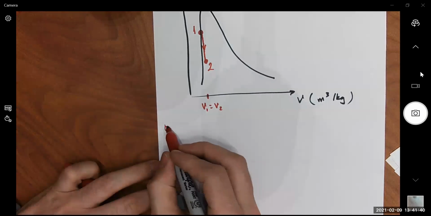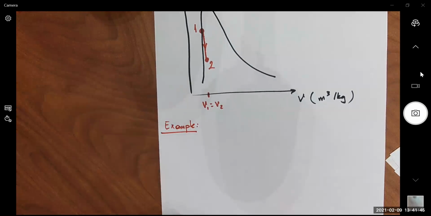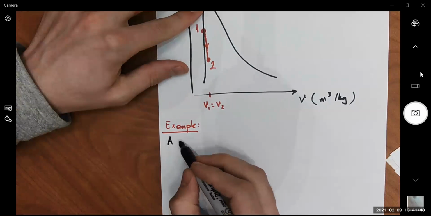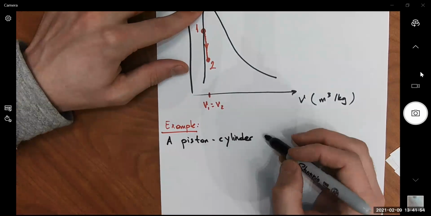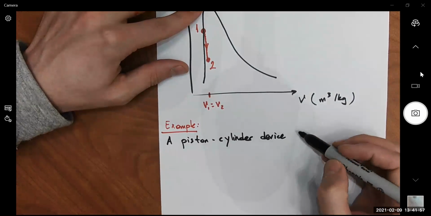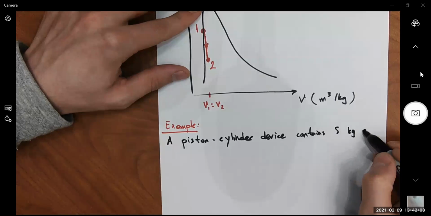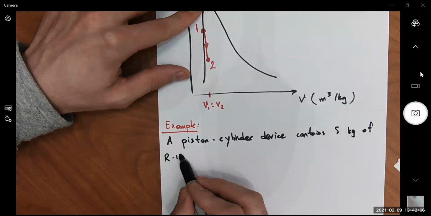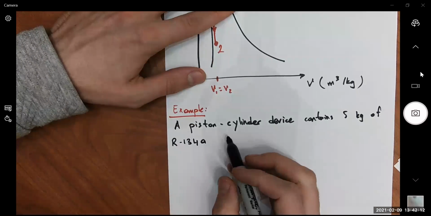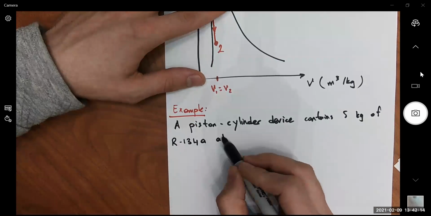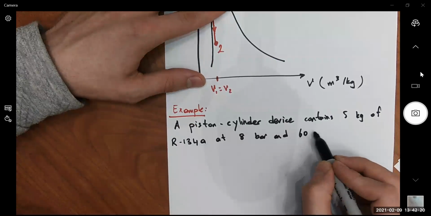All right. Example. A piston-cylinder device contains 5 kilograms of refrigerant 134A at 8 bar and 60 Celsius.